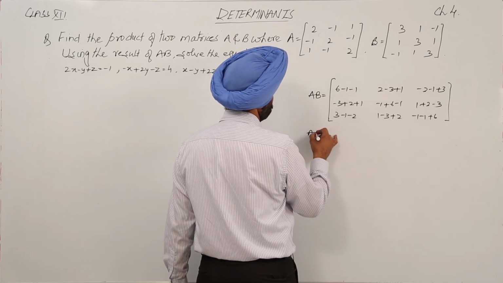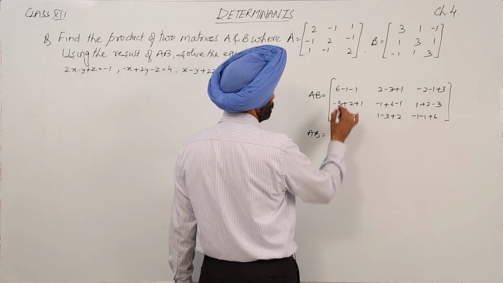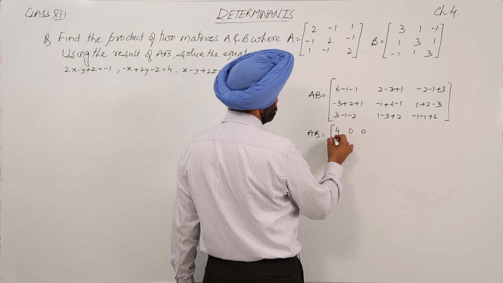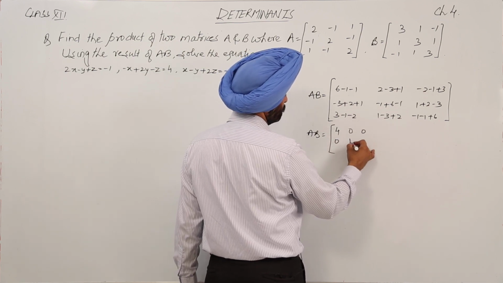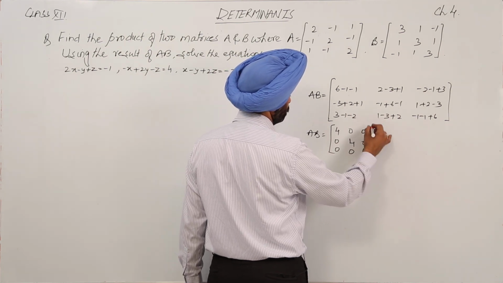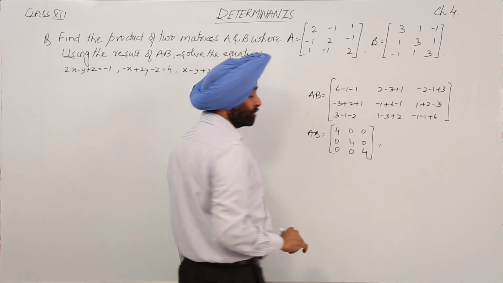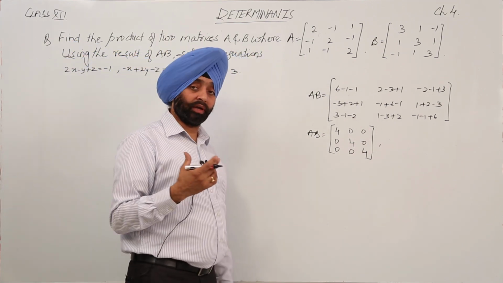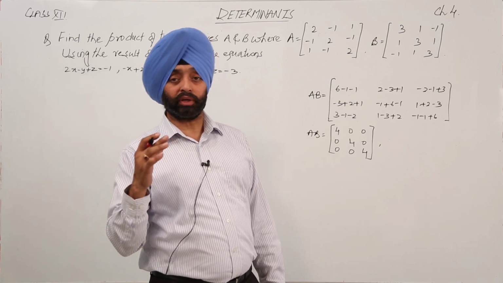AB is equal to 4 0 0, 0 4 0, 0 0 and 4. In explaining this step, we said the product will be equal to kI.